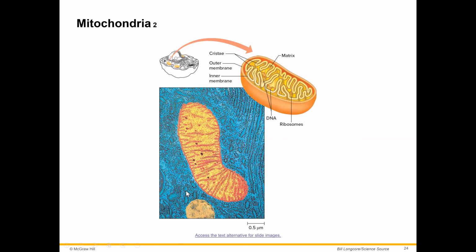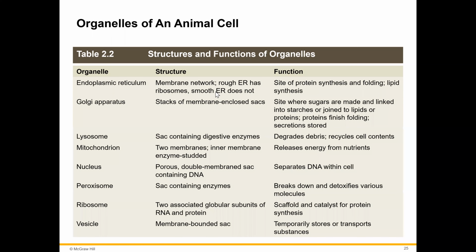Okay, so here's our summary of the organelles and their functions. Endoplasmic reticulum, a membrane network: rough ER has ribosomes, smooth ER does not. Rough ER is the site of protein synthesis and folding, smooth ER of lipid synthesis. Golgi apparatus, stacks of membrane-enclosed sacs, is the site where sugars are made and linked into starches or joined to lipids or proteins.